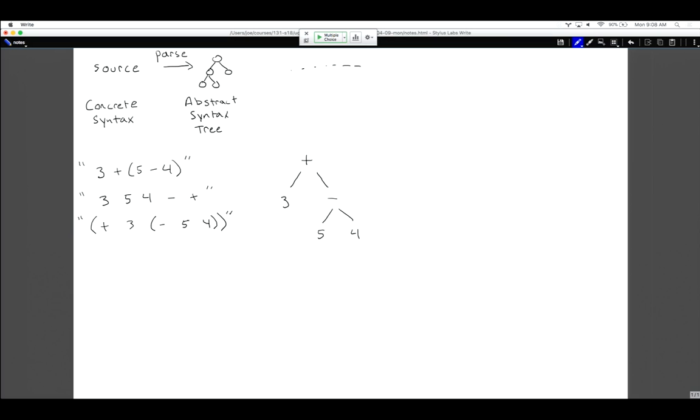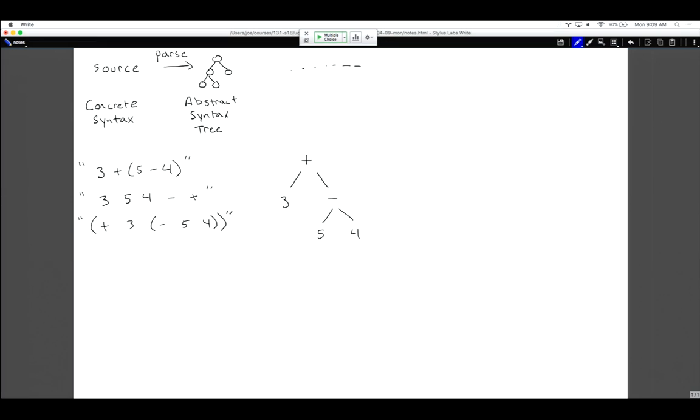And it would be reasonable to say that there's 3 different parse functions that might be able to take strings in each of these forms, parse 1, parse 2, and parse 3, and produce a tree that looks like this. Now, we might pick different ways of representing this tree in code.